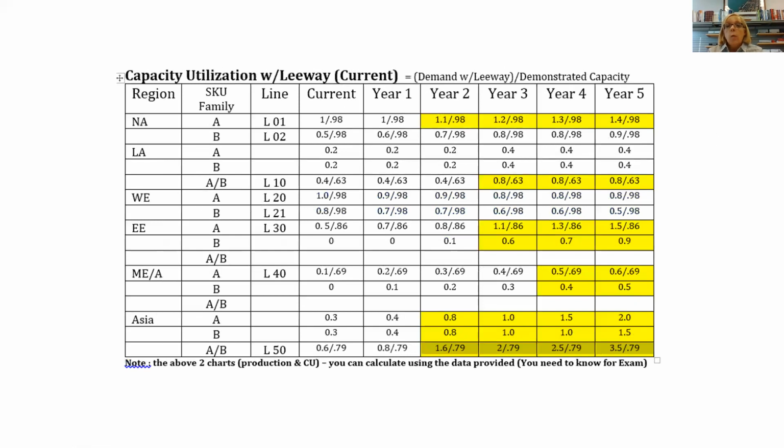We are using for our differential 100,000 cases or 0.1. So we're looking at examples of here, the 1,100,000 cases that we need versus the 980,000 that we have currently in capacity. That's greater than 100,000 cases.